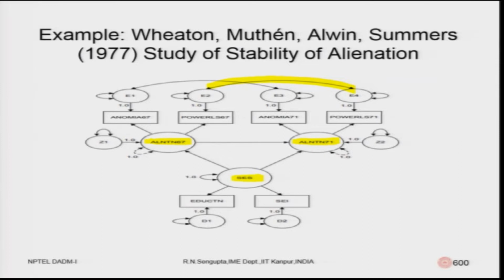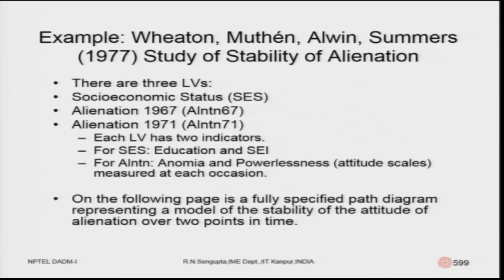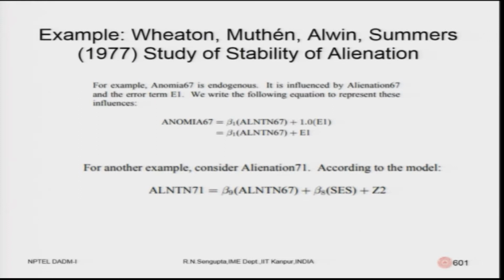Similarly, you will have SES being dictated by education and socio-economic indicators, denoted by D1 and D2, with levels depending on the level of dependent structure. So, here you have socio-economic status SES, and that SES would have education and socio-economic indicators, and the alienations, as I said, would be from 67 and 71 also.